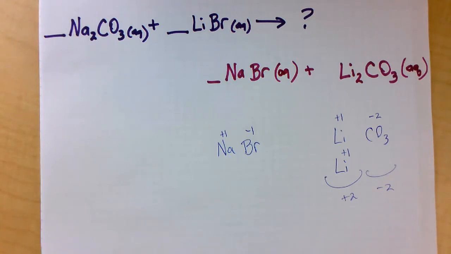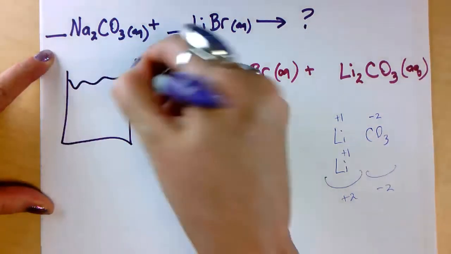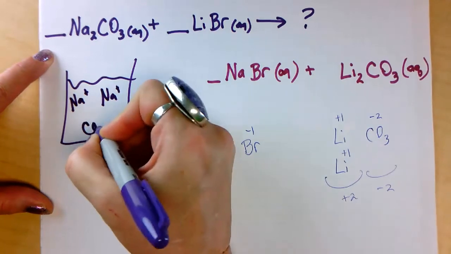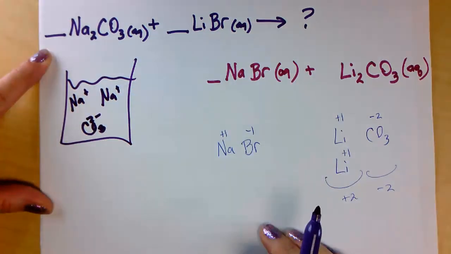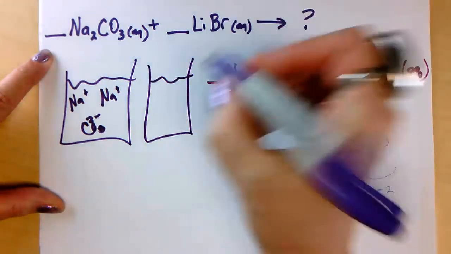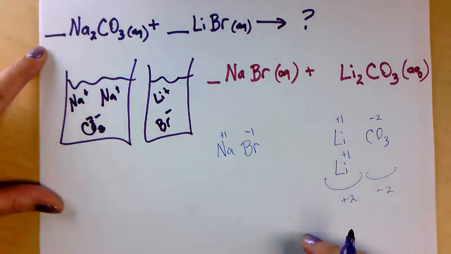Did anything actually happen? Well, let's think about this. I started out with a beaker of 2 Na pluses floating around with a CO3 2 minus floating around. I started out with a beaker with Li plus and Br minus floating around.